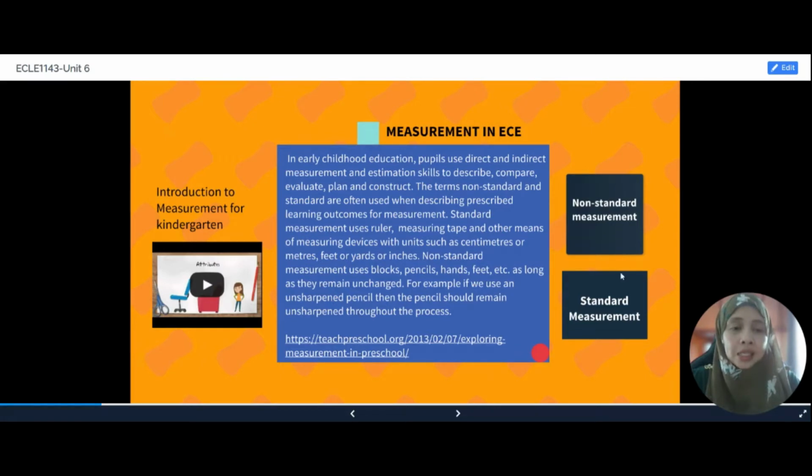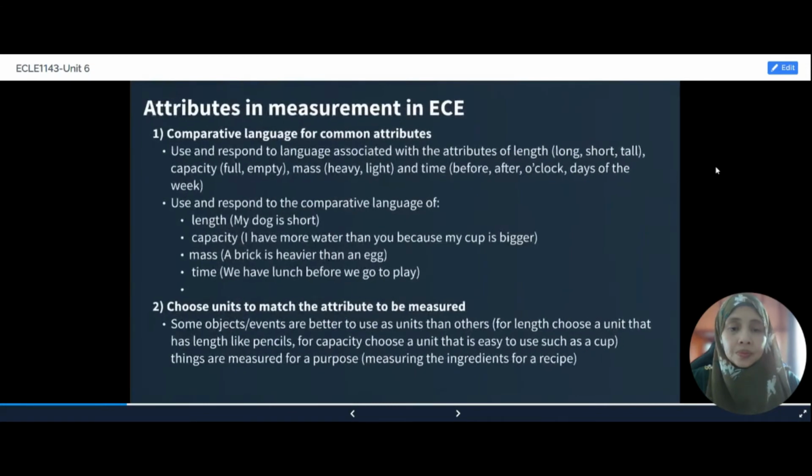Let us take a look at non-standard and standard measurement in detail. Okay. Kalau non-standard measurement, kanak-kanak tend to use a common or comparative language for common attributes. For example, long, short, tall untuk length, untuk panjang. Capacity, full, empty. This glass is full. This glass is empty.